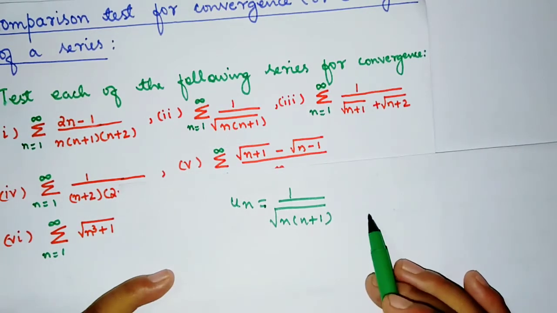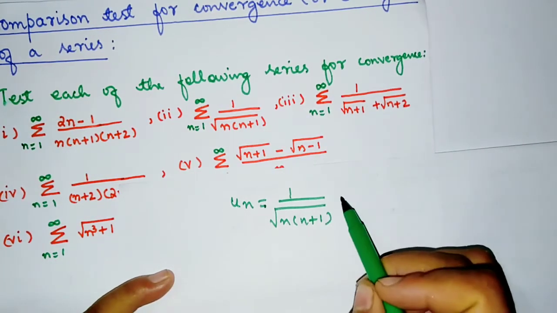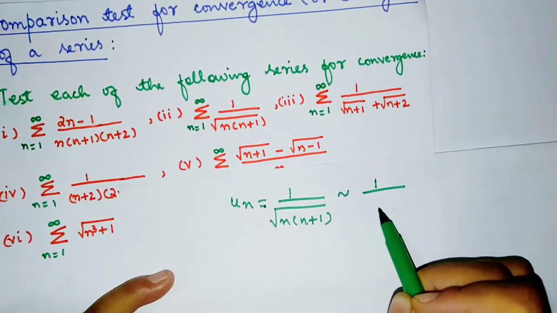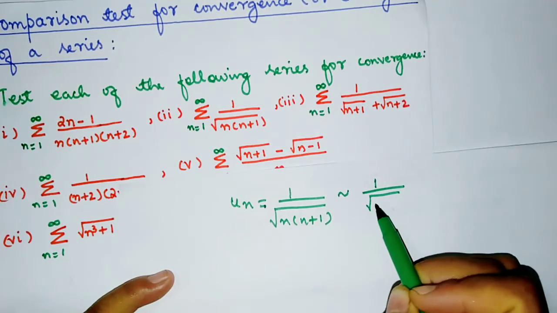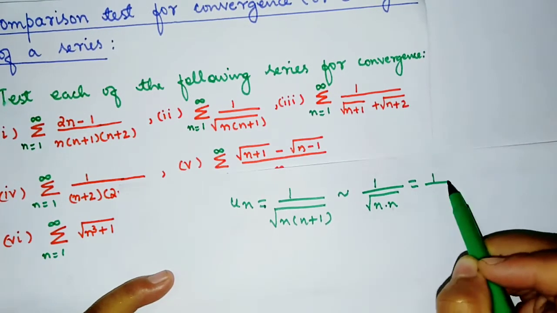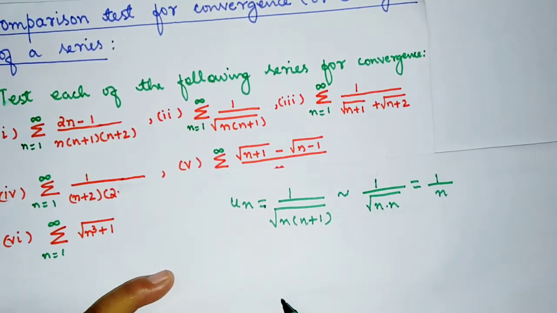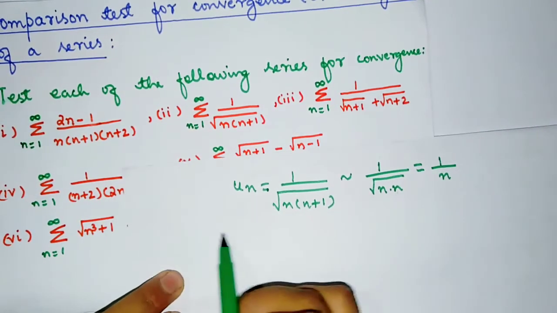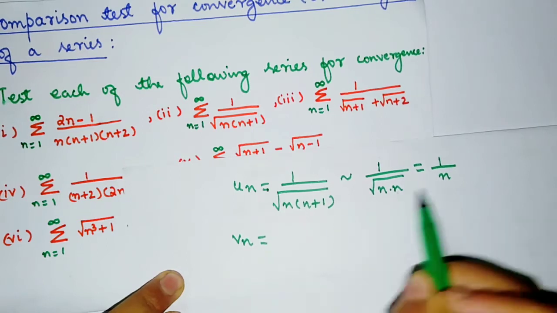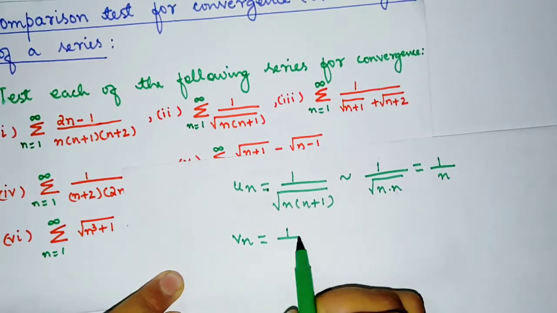And this one, for large values of n, is nearly the same as 1 upon root n into n, and that is equal to 1 upon n. So we can find Vn from un. What is Vn? It is 1 upon n.